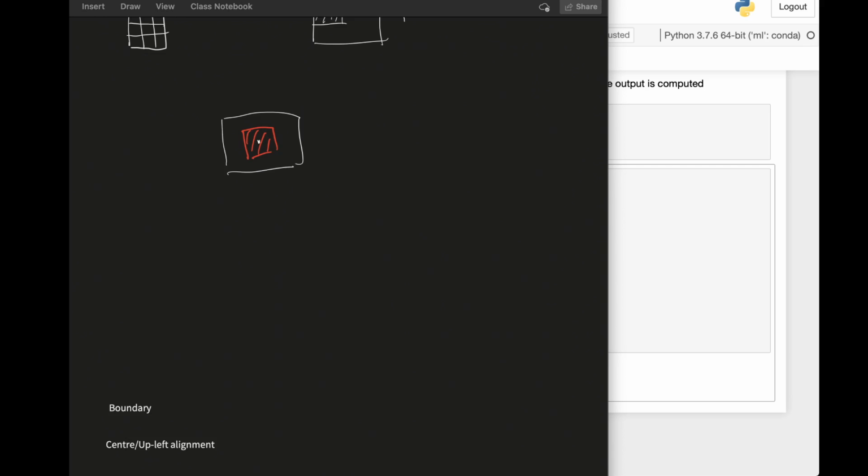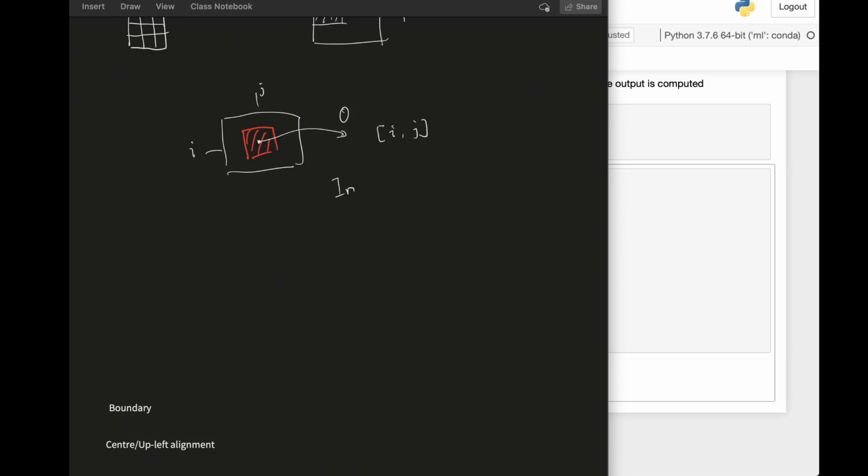Well, if we follow this procedure literally to compute the output at i and j, say the ith row and the jth column, then we will need to collect the information from the input array.